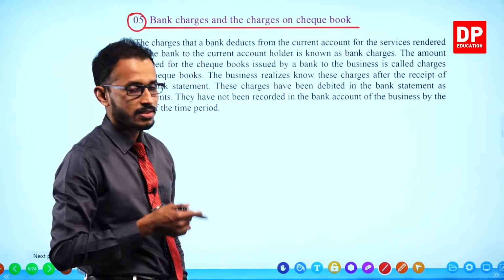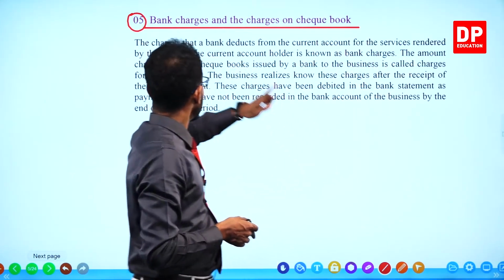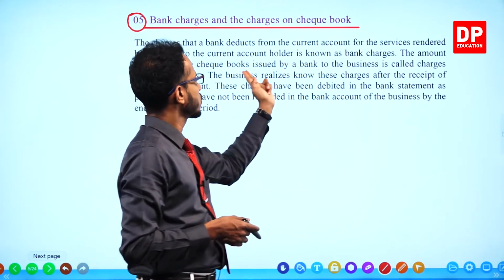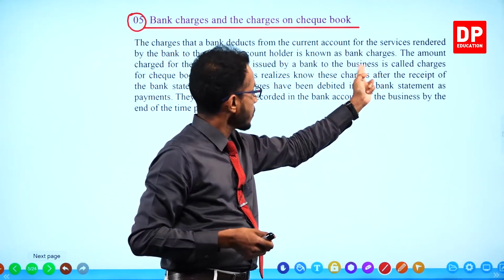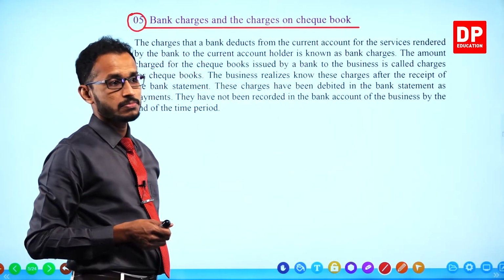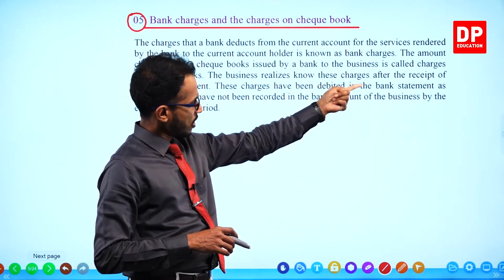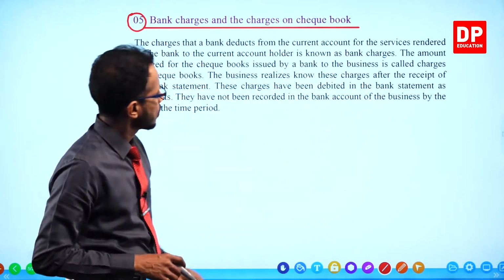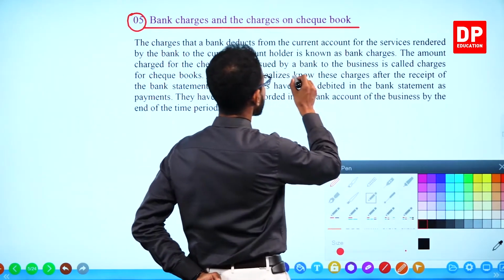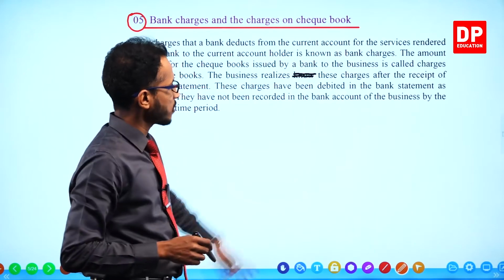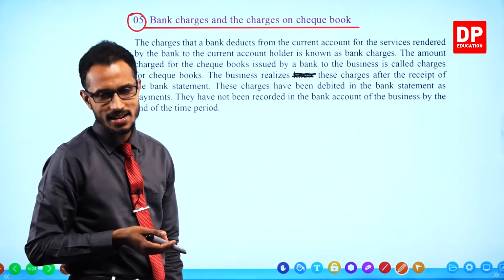Well, you can see the text, it's in your textbook. The amount charged for the checkbooks issued by the bank to us, these charges are called bank charges. The business realizes these charges after the receiving of the bank statement, just like the standing orders, children.